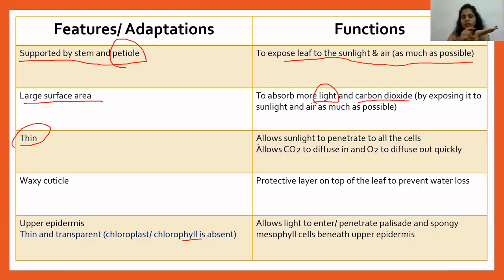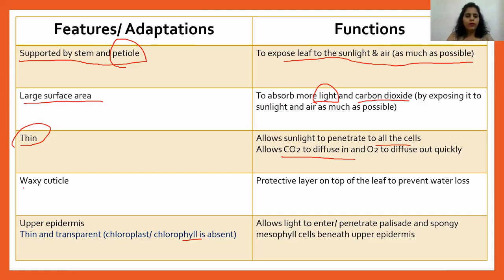The process of photosynthesis takes place in the palisade mesophyll cells. The thin nature of the leaf allows sunlight to penetrate to all the cells, the palisade mesophyll cells as well as the spongy mesophyll cells. It also allows carbon dioxide to quickly diffuse inside, and the oxygen gas produced in photosynthesis to quickly diffuse outside the leaf.